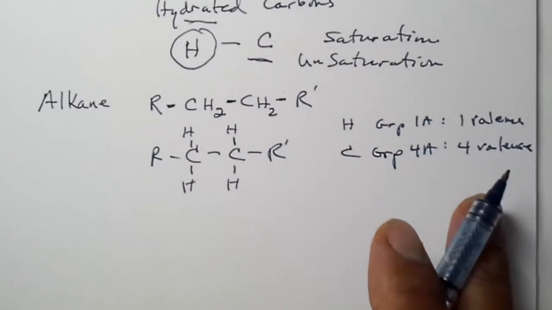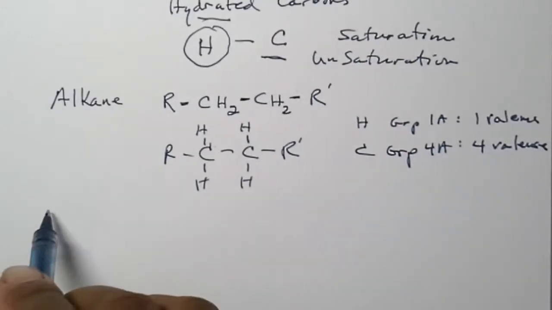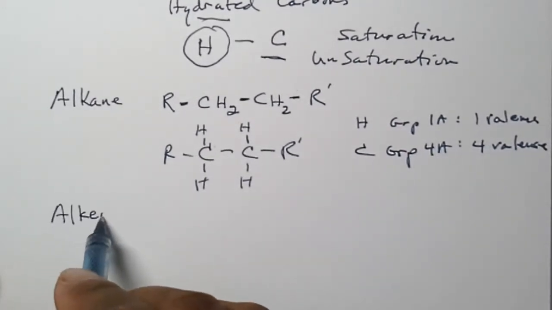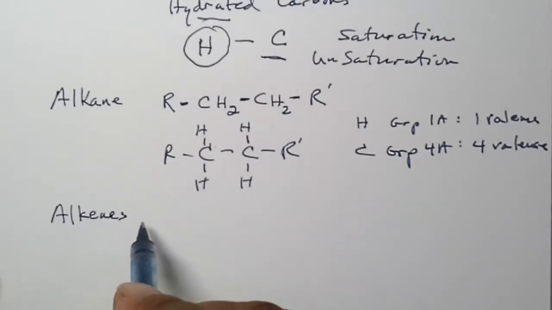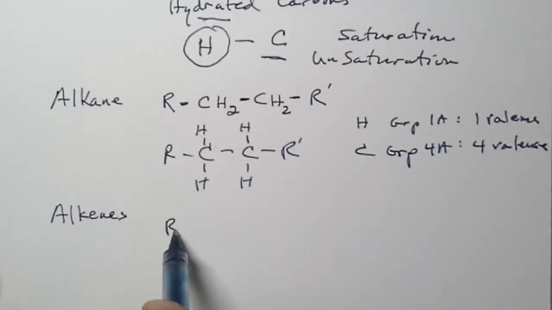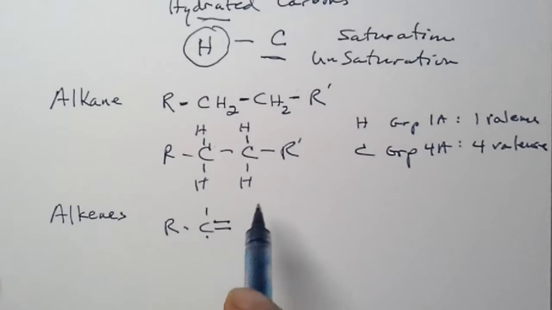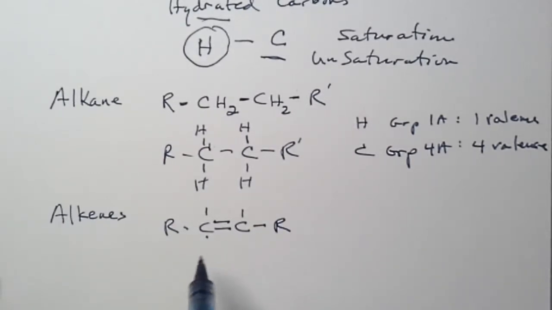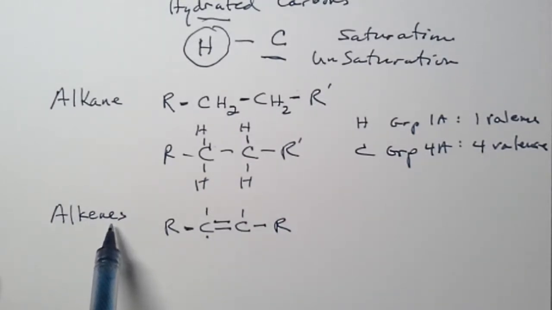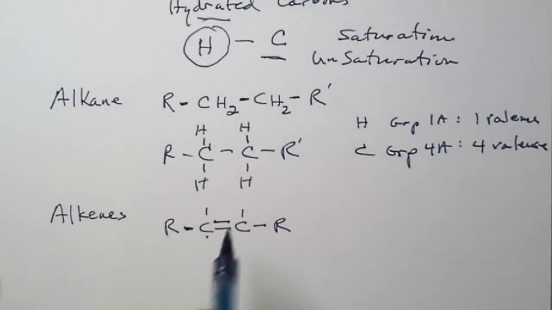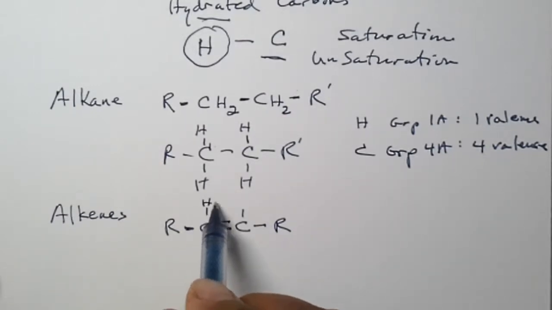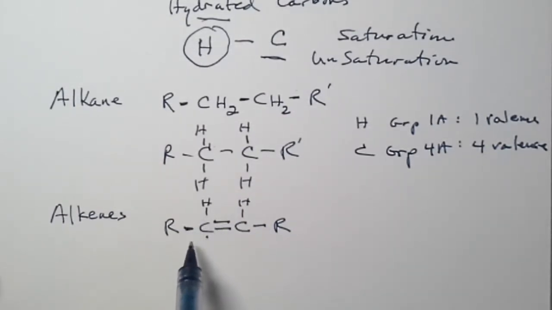Let's look at the next group, which are alkenes. Okay, alkenes, the same carbon chains. However, there is usually a double bond, or there is a double bond associated with the alkenes. Alright, again, hydrogen, 4 bonds to carbon.